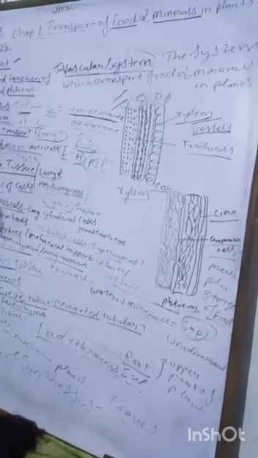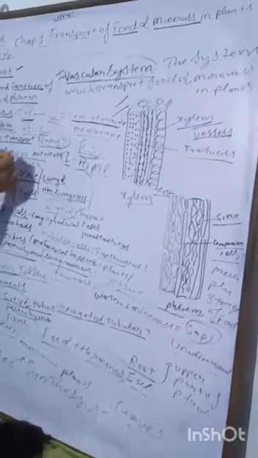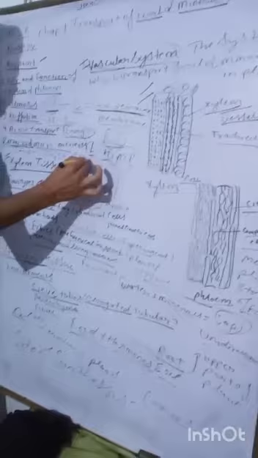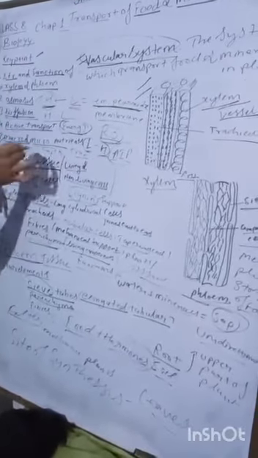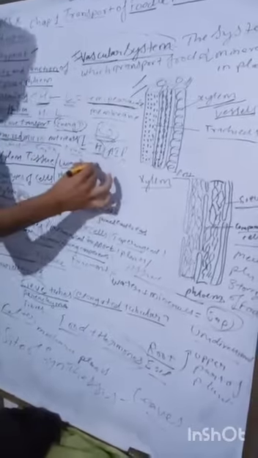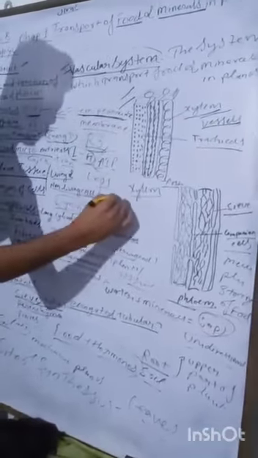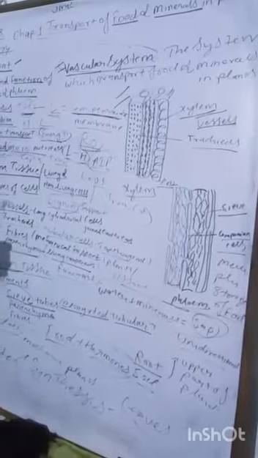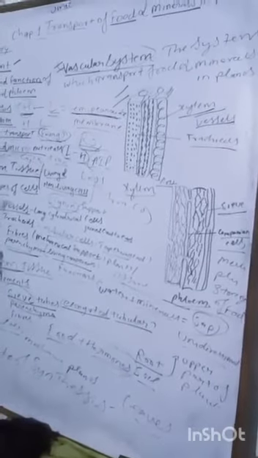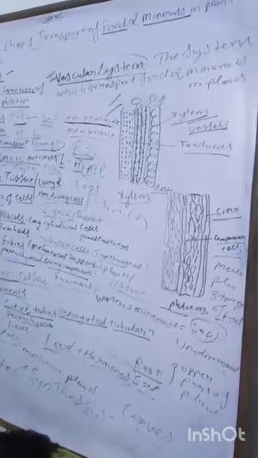Next, micronutrients, also called trace elements, are the nutrients needed in a small quantity only, like iron, cobalt, etc. These are the micronutrients needed in small amounts in the body of plants.